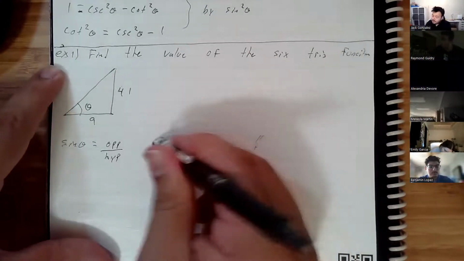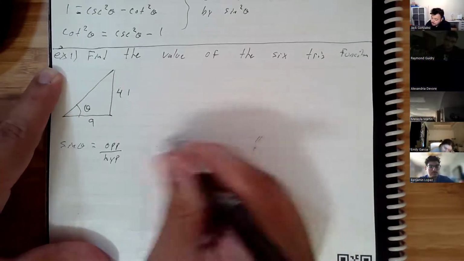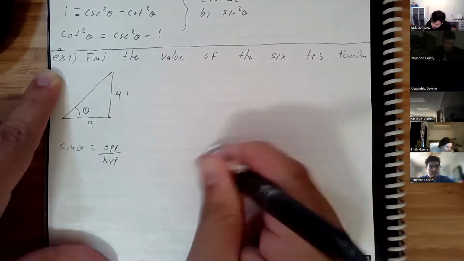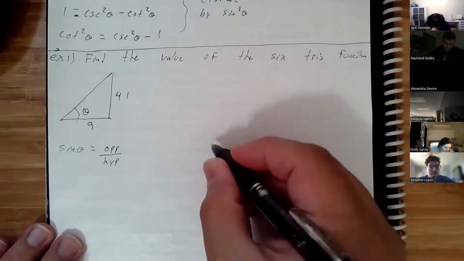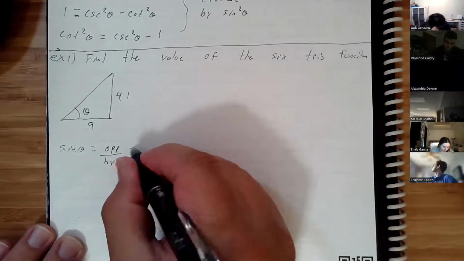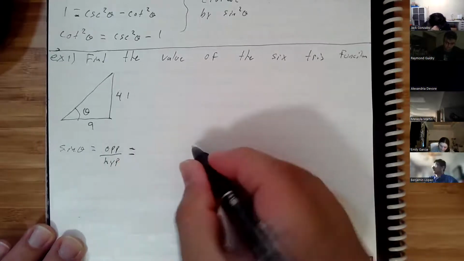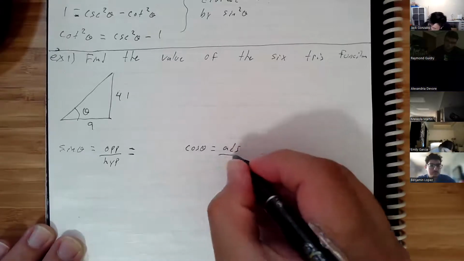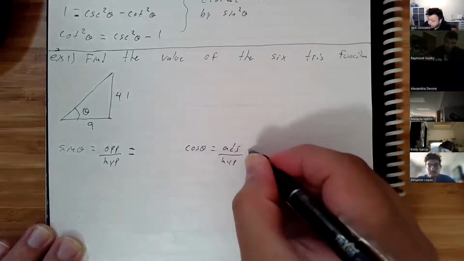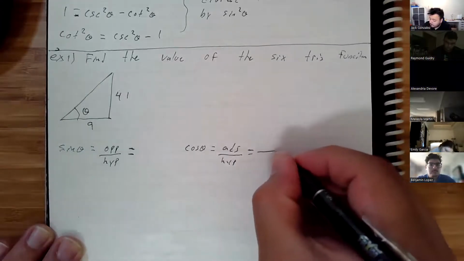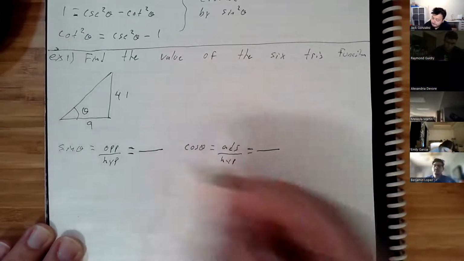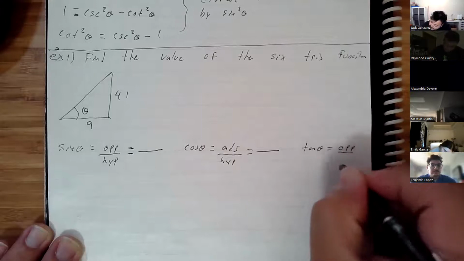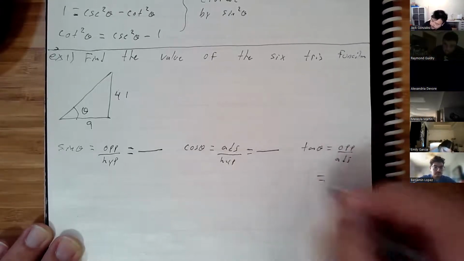Okay. Sorry about that. Cosine is adjacent over hypotenuse. Tangent will be opposite over adjacent.